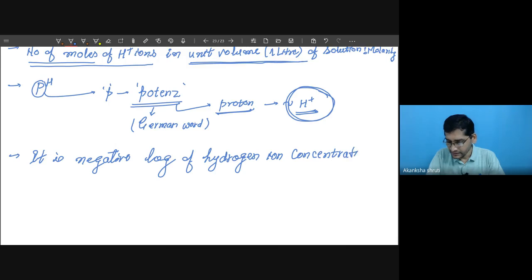Students, this is the definition of this scale. pH was defined as negative log of hydrogen ion concentration, means negative you will take once, then log of hydrogen ion concentration.